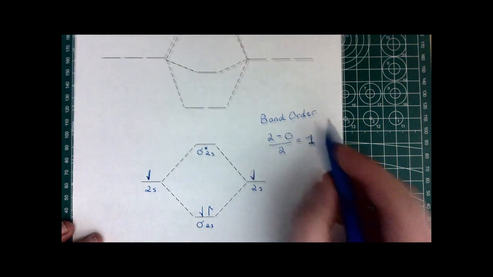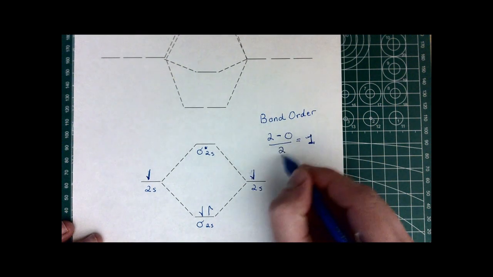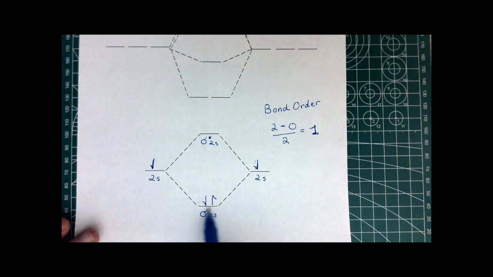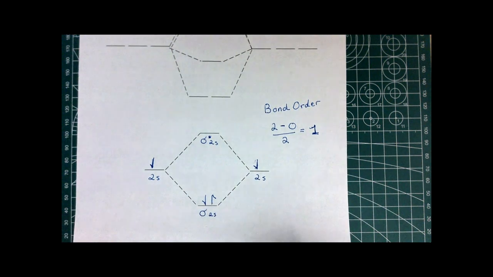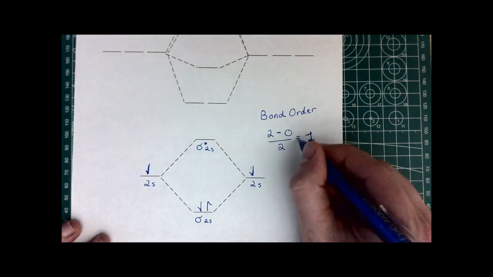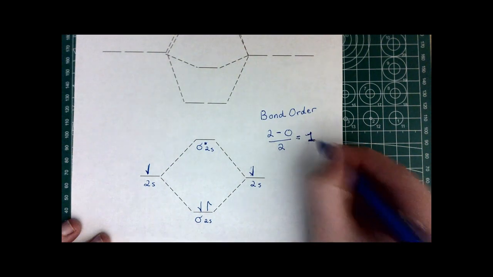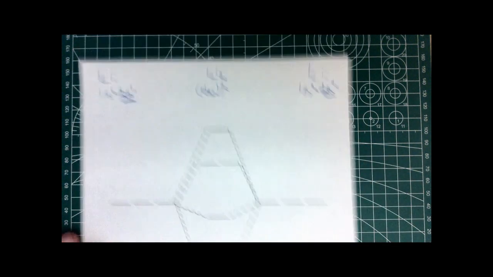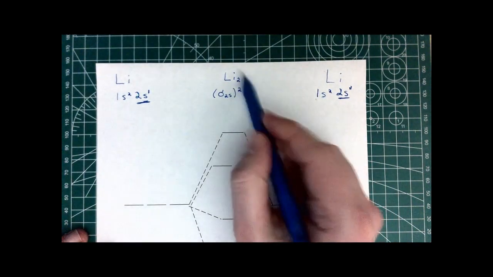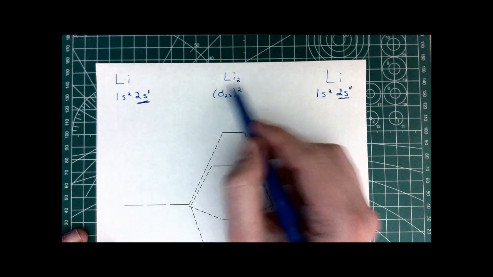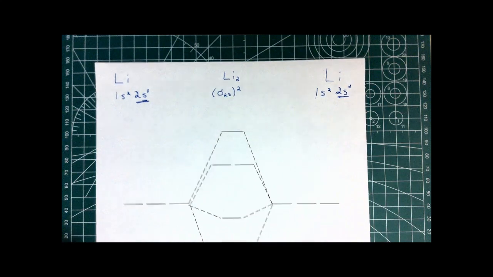And then we're going to divide that by 2. And we're dividing by 2 because it takes 2 electrons to form a bond. And we get a bond order of 1 in this case. And it is actually true that if we had a dilithium molecule, it would be connected with a single bond.